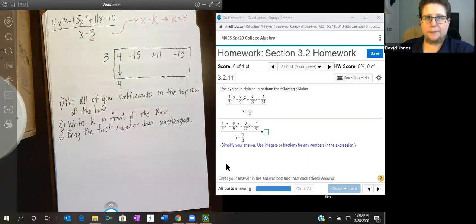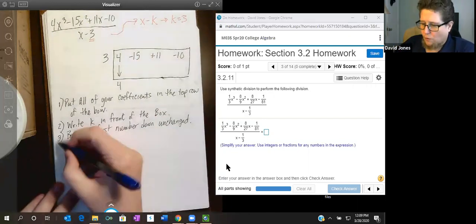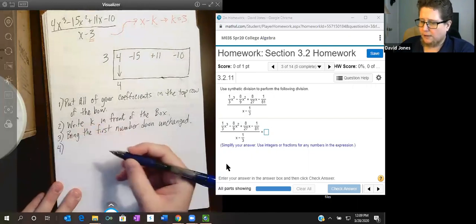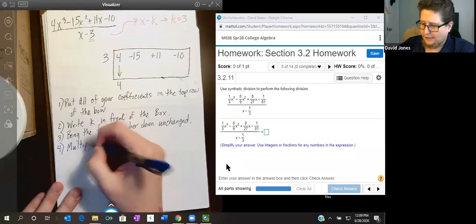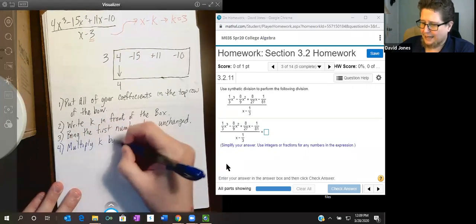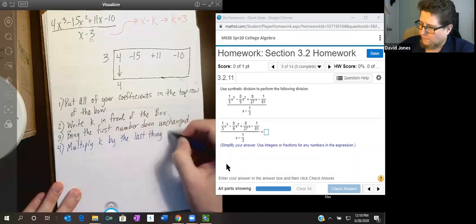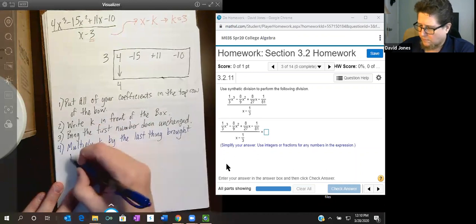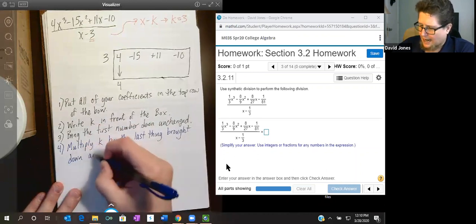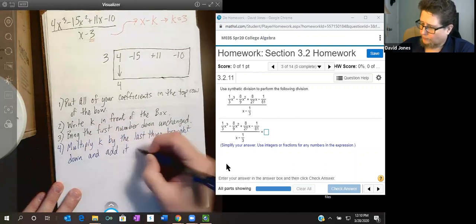All right, you guys with me? So this is where it starts to get a little different. So what we're going to do is step 4, multiply k, which is out front, by the last thing brought down, and add it to the next column.